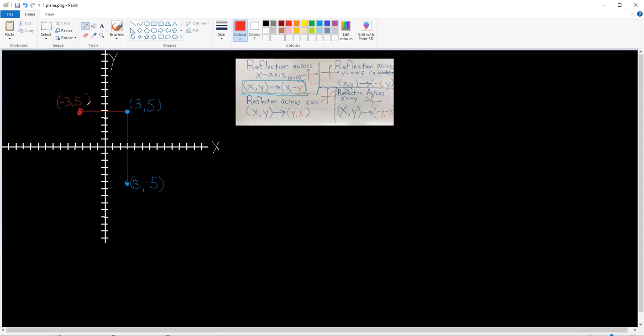So this is why a reflection across the y-axis is (-x, y). Our x changed to negative x, and our 5 stayed the same. Over here, for the x-axis reflection, our x stayed the same but our y changed into negative y. That's all it's saying, what changed.